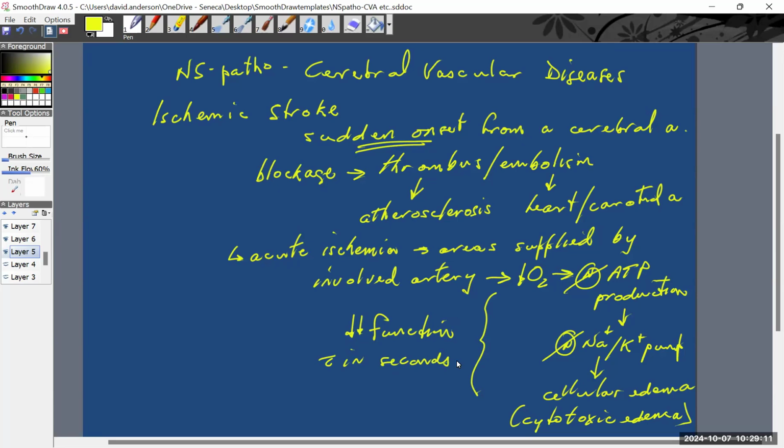About a minute is the length of time that these neurons can survive without this oxygen supply. And it will be irreversible within a few minutes.